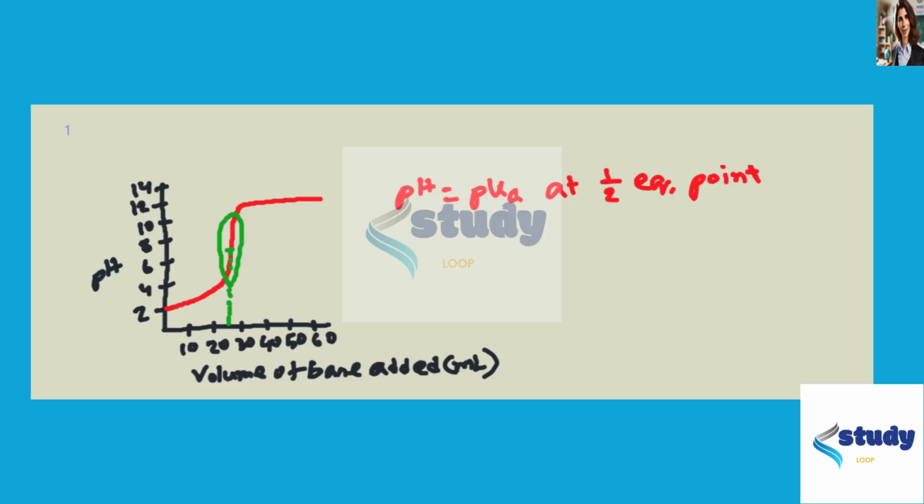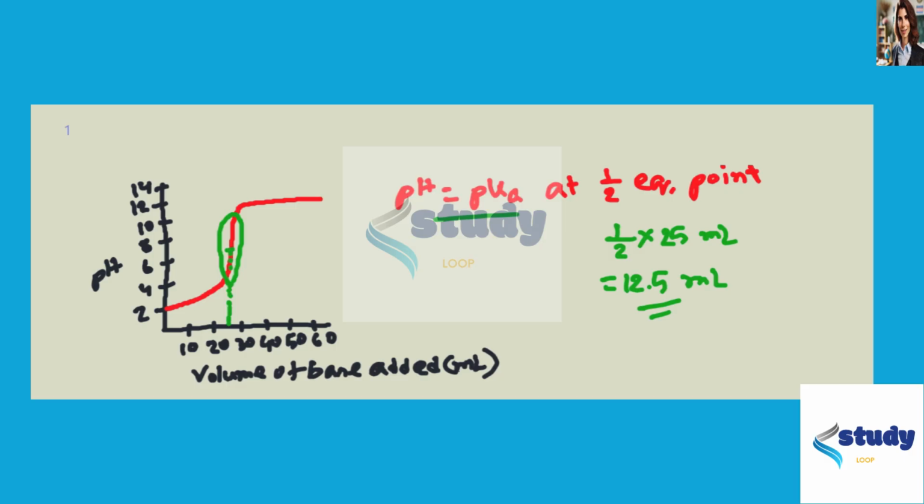And that means the half equivalence point will occur at half of this volume. That means half equivalence point will be at half of 25 milliliter, that will be around 12.5 milliliter. So at this volume, the corresponding pH will be equal to pKa.